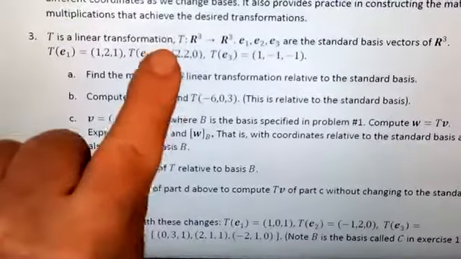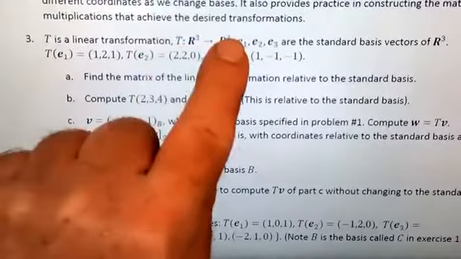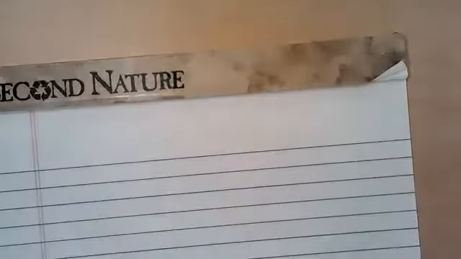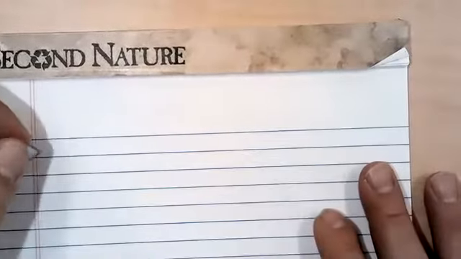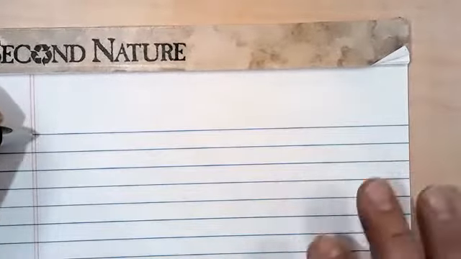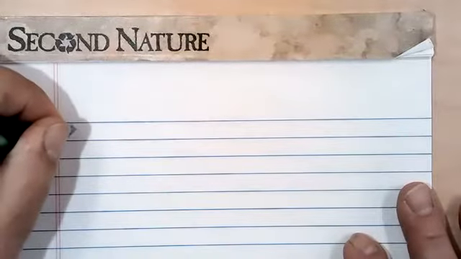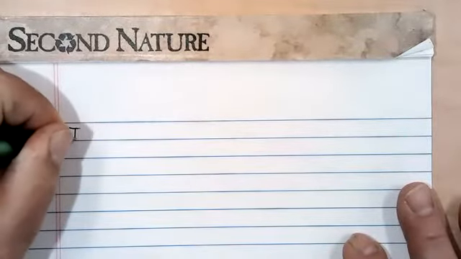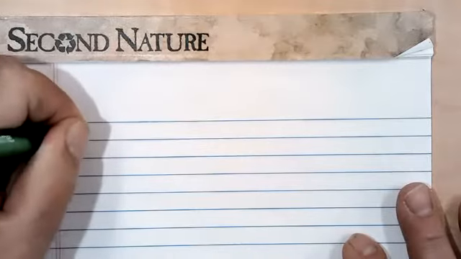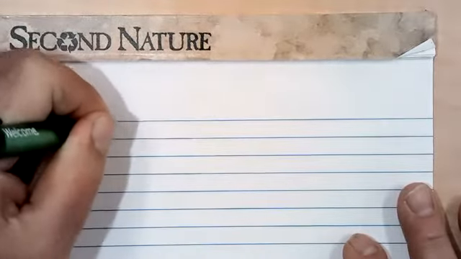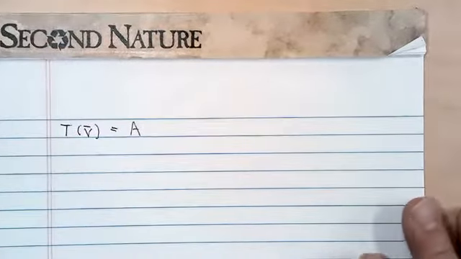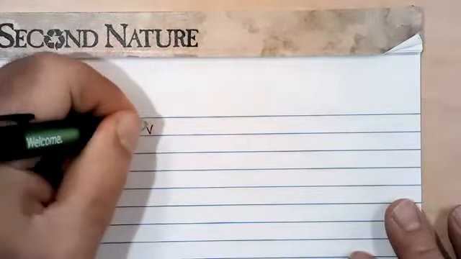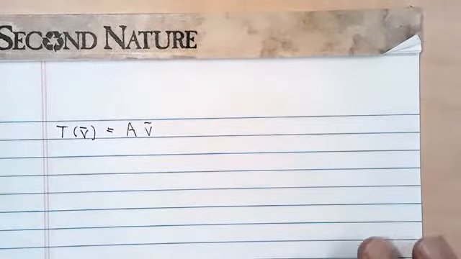Now, this is a linear transformation from R3 to R3. And from reading the section or listening to the lecture, you know that a linear transformation of some vector V can always be represented by a matrix multiplication times that same vector, left matrix multiplication.